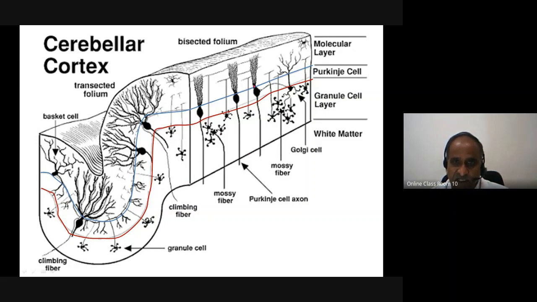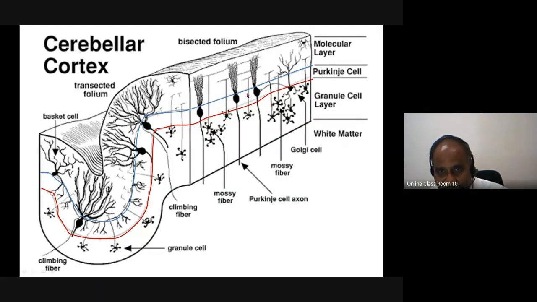This is the Purkinje cell layer. Because of the Purkinje cell, as it is in this part, this is the outer molecular layer, where you have the dendritic arborizations and these parallel fibers. These are parallel fibers of the granular cells. This is the outer molecular layer.